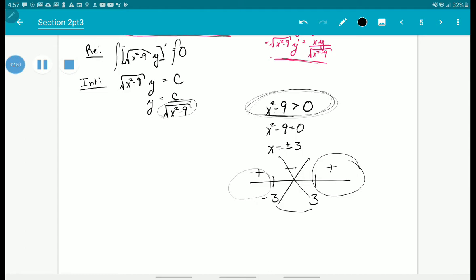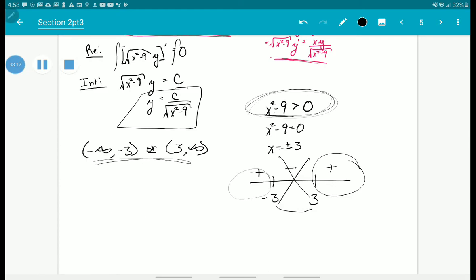So we could say that our solution, and notice this is a general solution, is valid from negative infinity to negative 3, or we could say it's valid from 3 to infinity. Okay, now it can't be valid on the joint domain because there are issues in between.